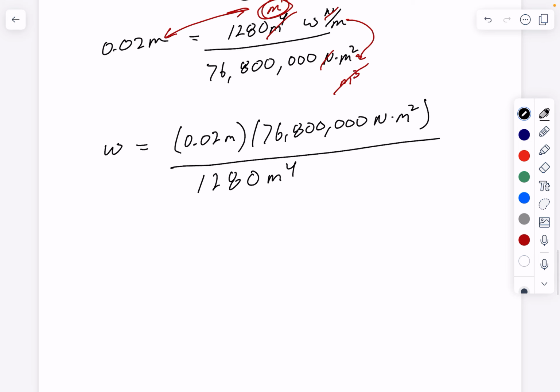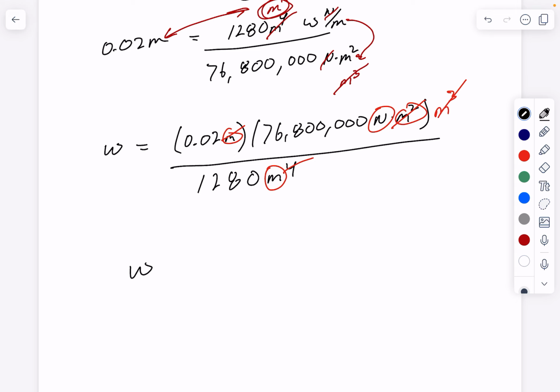Okay, so let's be sure that we got newtons per meter left. It looks like we will. When we combine this one and this one, we get meters cubed. So we'll have just meters on the bottom, so it's newtons per meter.